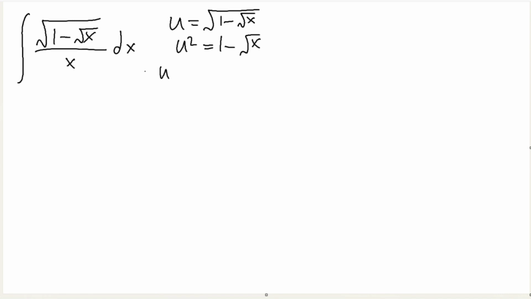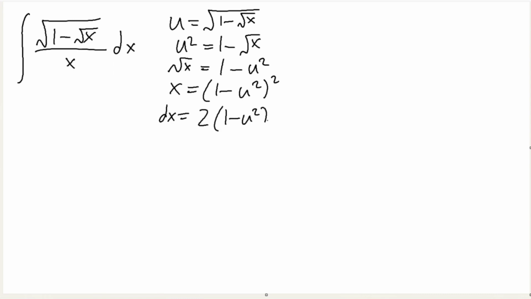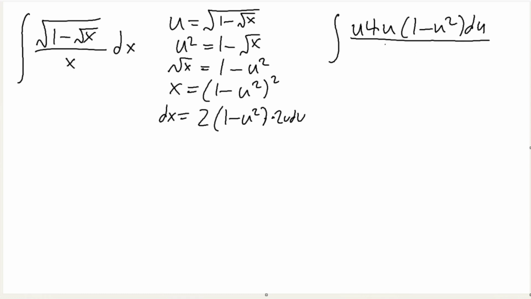I'm going to replace that, so x is equal to (1 minus u squared) squared. Then dx would be 2(1 minus u squared) times 2u du. So now we have 4u times (1 minus u squared) du, and x is (1 minus u squared) squared. This cancels out, and we're left with 4u squared over (1 minus u squared).